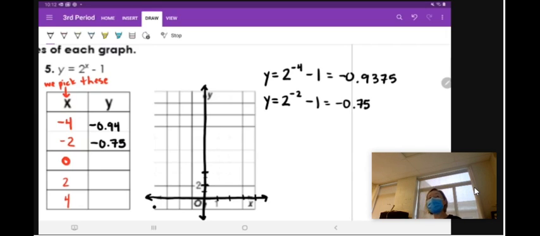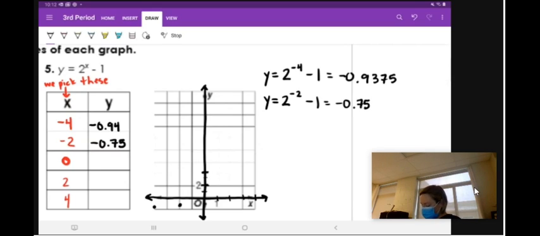Did everybody get -0.75? All right, let's draw this point on our graph. -2, comma, -0.75 will be about here. It's a little bit higher up than the one we just put on our graph.